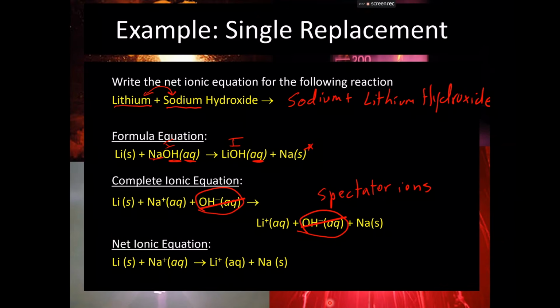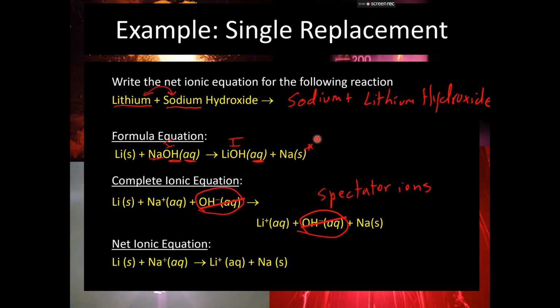So you see how we're just rewriting the complete ionic equation without the hydroxide ion. So this part is actually very simple. All we're doing is looking at the reactants and the products in the complete ionic equation, finding the things that are exactly the same, identical to each other, and we're just going to take them out to write the net ionic equation.